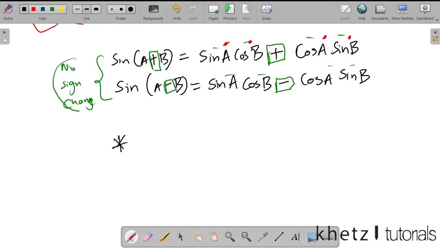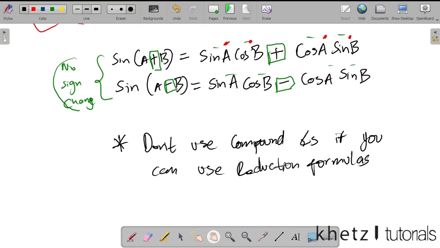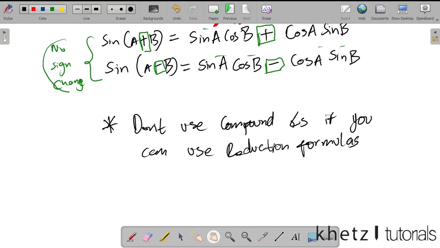The point I'm trying to make is: don't use compound angles if you can use reduction formulas.